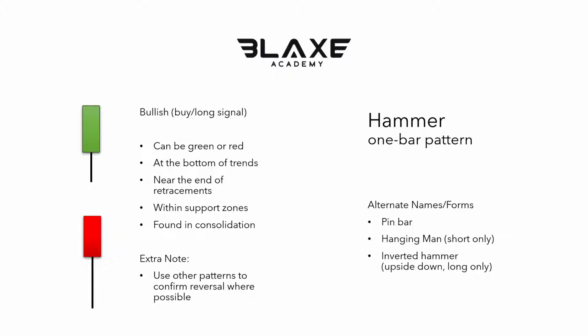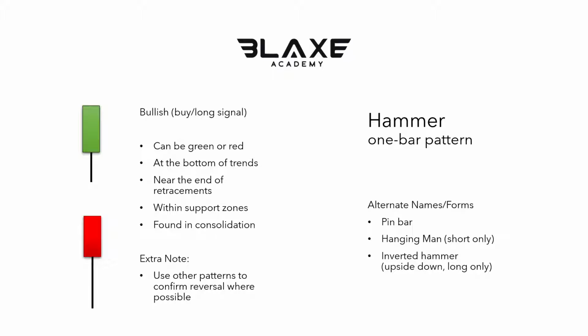The hammer in and of itself has a lot of different names. You may have heard it as a pin bar, or some people confuse it with the hanging man, which looks exactly like the hammer, except it's at the top of a chart. And alternately, there's another form of this where it's this shape turned upside down, and that's called an inverted hammer.